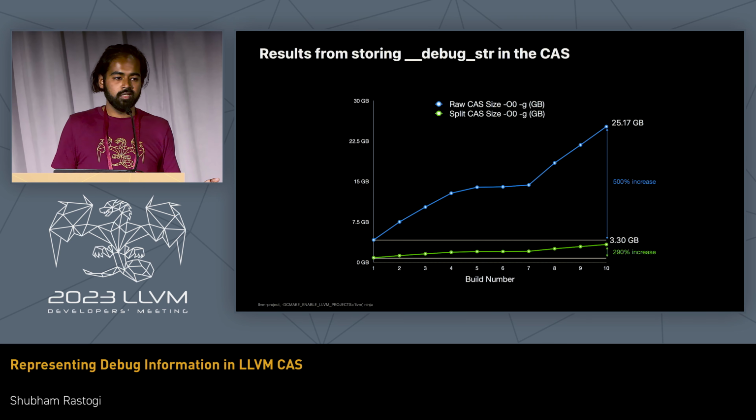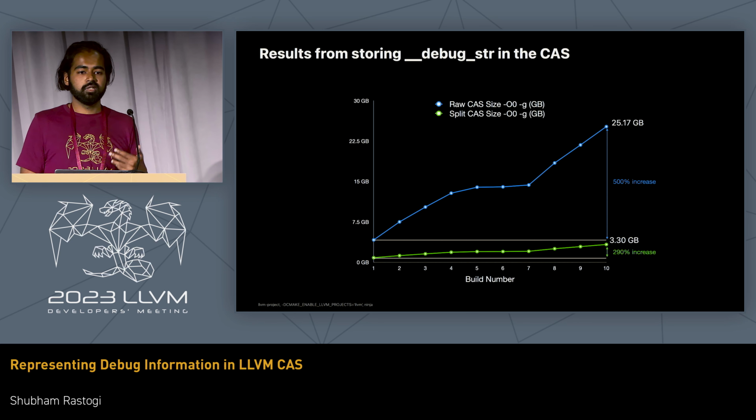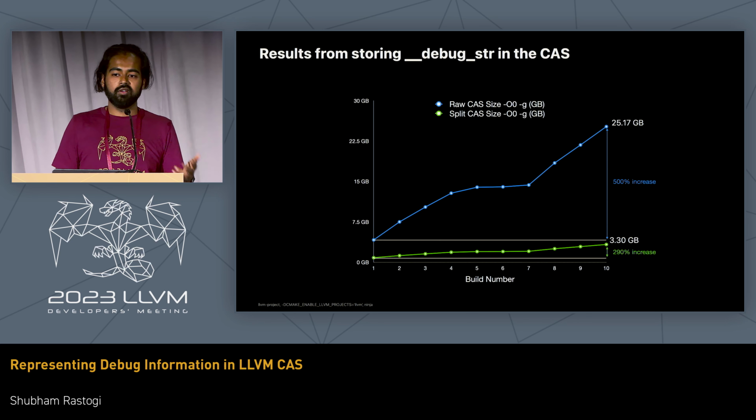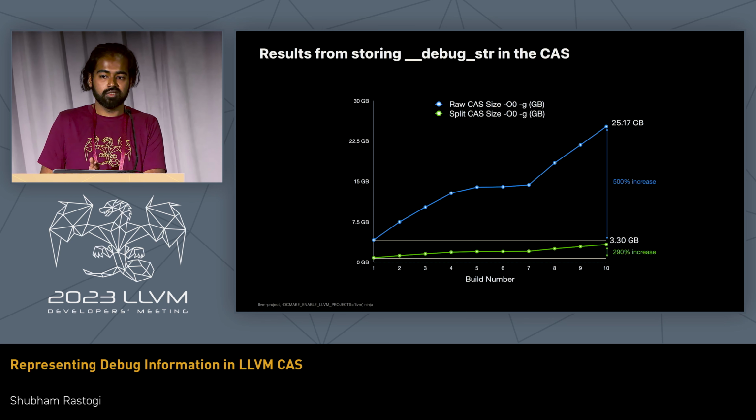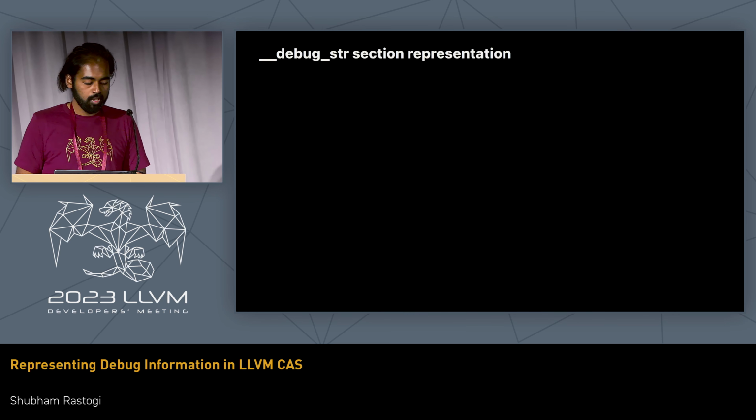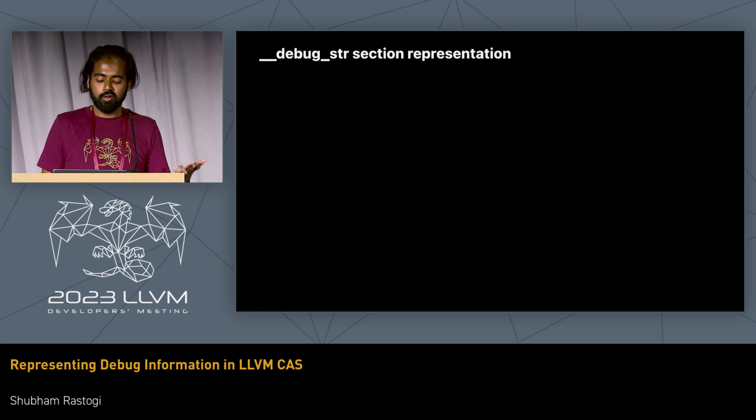You can see that the size of the CAS over 10 builds is significantly smaller, but the bigger thing is that the rate of growth of the CAS is also much smaller. That is what we are after, because incremental builds don't change a lot of stuff, so the CAS should help us. If we deduplicate well, then we don't store stuff that did not change across builds. So this is how we store the debug string section efficiently in the CAS.